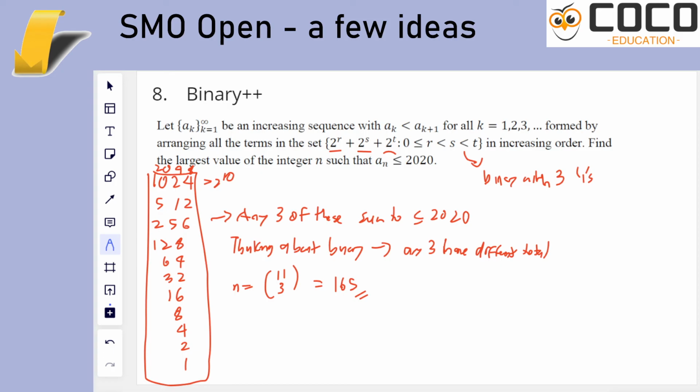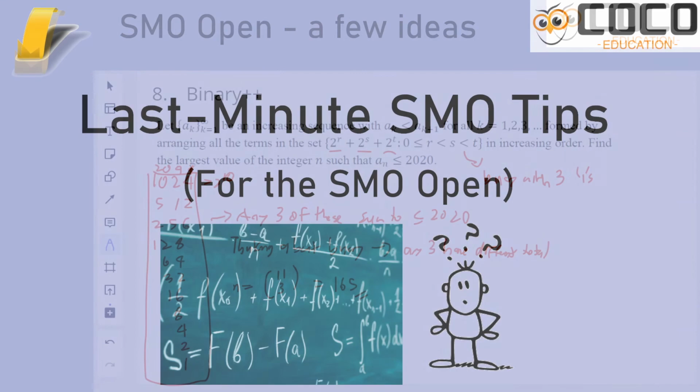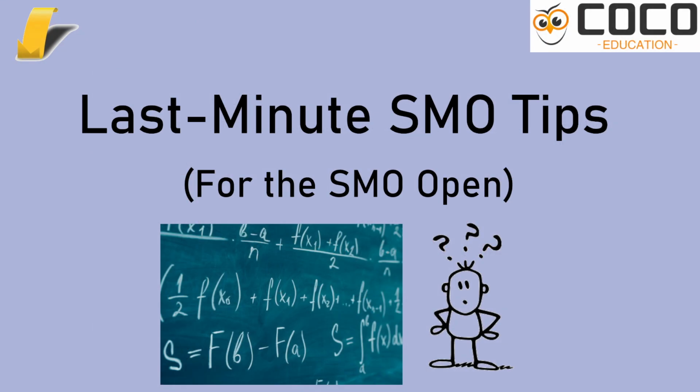And that's the end of the bunch of tips that I have for the SMO Open. It's a bit incomplete feeling, right? Well, that's the point. One of the most important things for the SMO Open is just to realize you're not going to be able to do everything in time, or even to try everything properly in time. So I would suggest pick and choose your questions by looking at everything first.